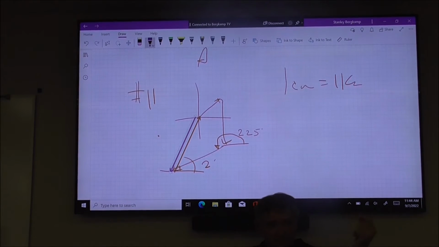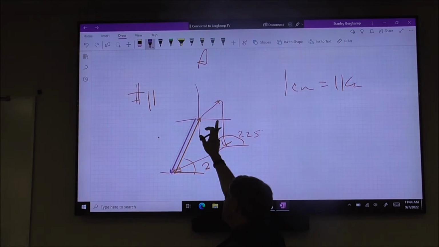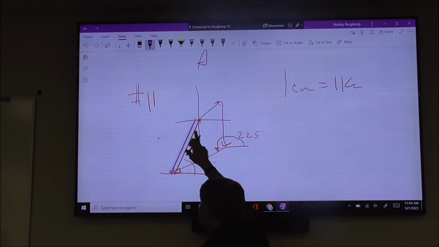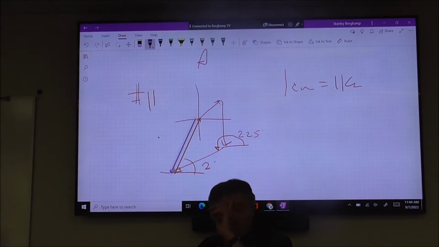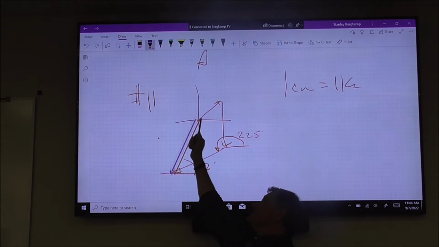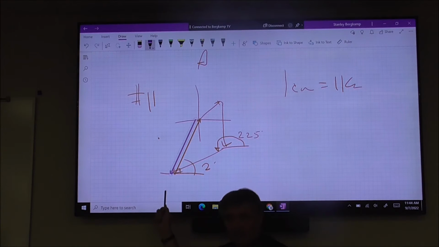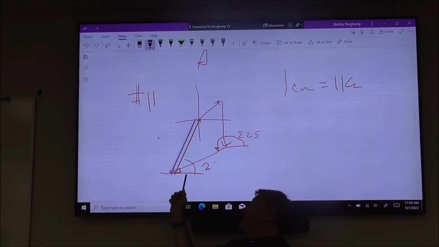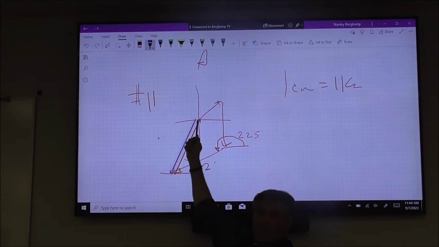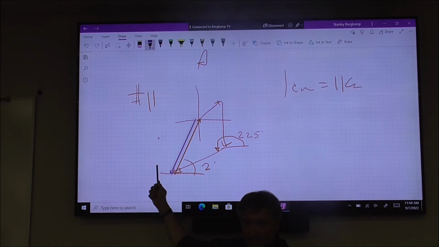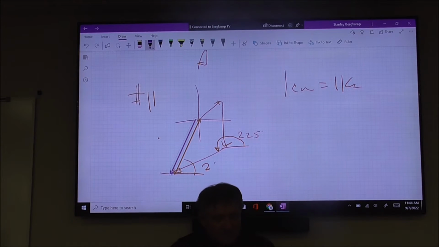So if you're the search party, your angle is going to be more than 180 but less than 270. The search party is starting here, going down like this. That angle is going to be more than 180. But if you're Bob and you're headed back to the base camp, that angle is going to be less than 90. Okay? Because they're fundamentally going in opposite directions.